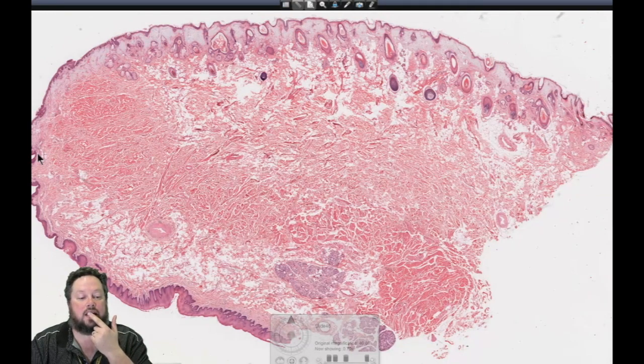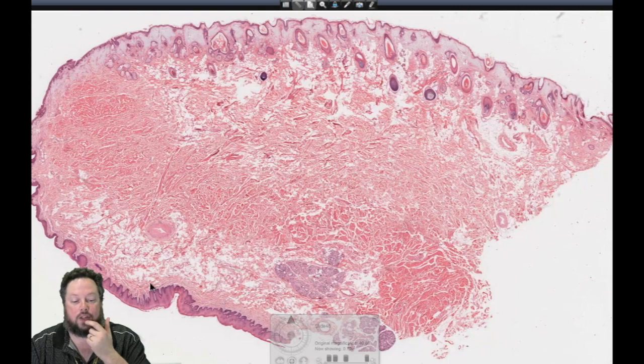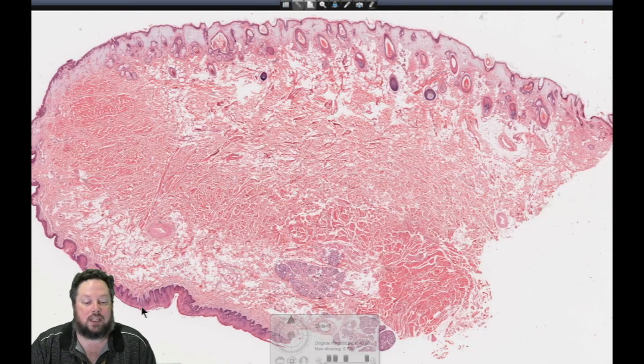Then this is the thin skin, hairless skin. Here the orocutaneous border or the vermilion border, and then on the inside we have the oral or the mucosal surface. So you can see how thick this stratified squamous epithelium is.